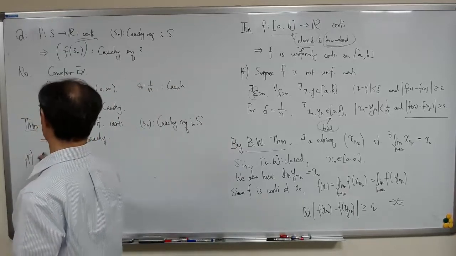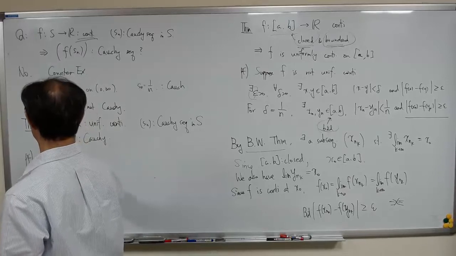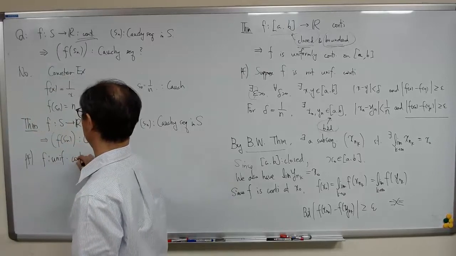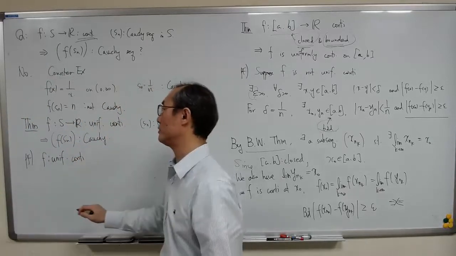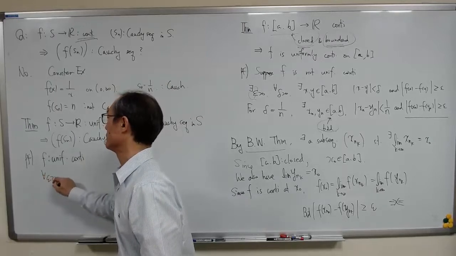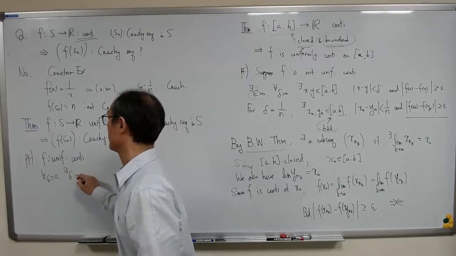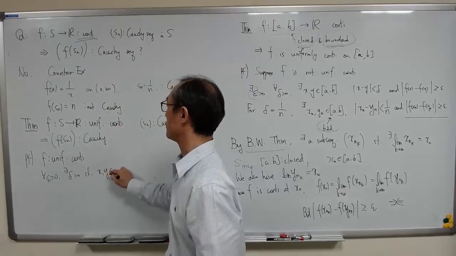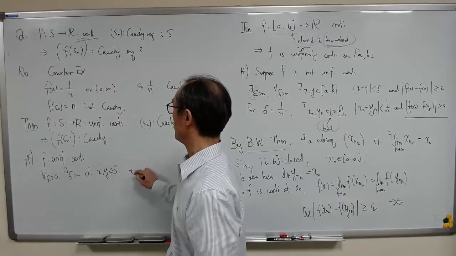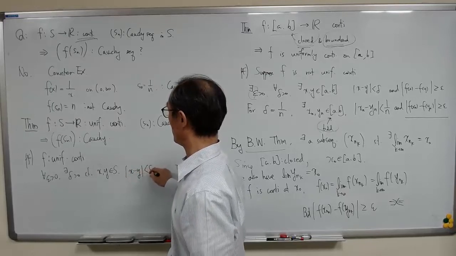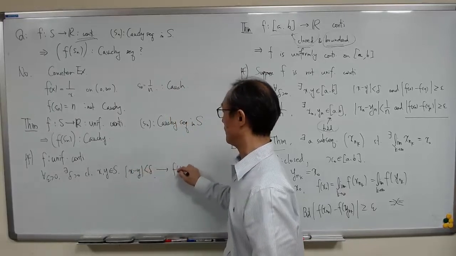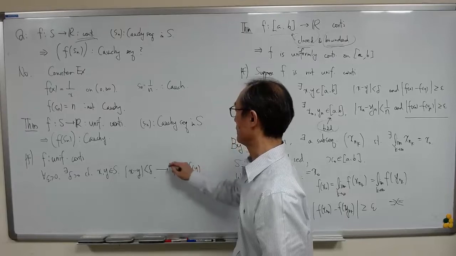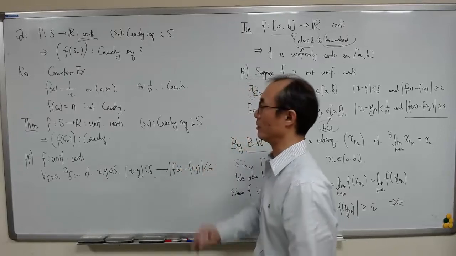Let me first use the uniform continuity. Since the function is uniformly continuous, for any epsilon, there exists delta such that for any x and y in the domain of definition, if this difference is smaller than delta, we have that the difference between f of x and f of y is smaller than epsilon.